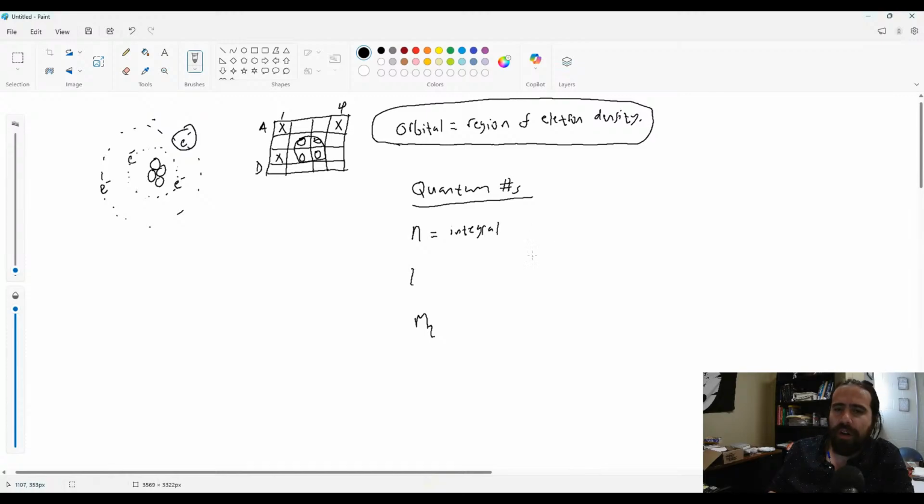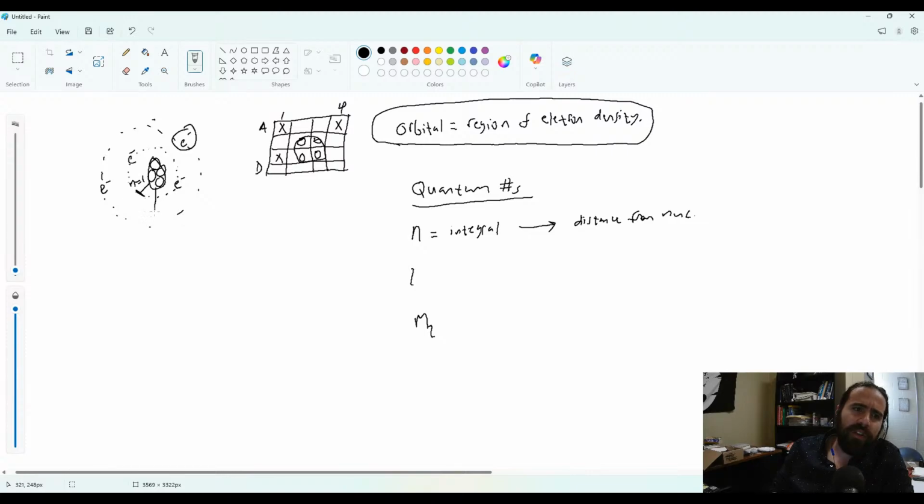The integral quantum number. But all of this really means, you can think about this as being the distance from the nucleus. If I go back to this nucleus right here, the electrons that are at this radius from the nucleus, we would say these have an n equal to 1.